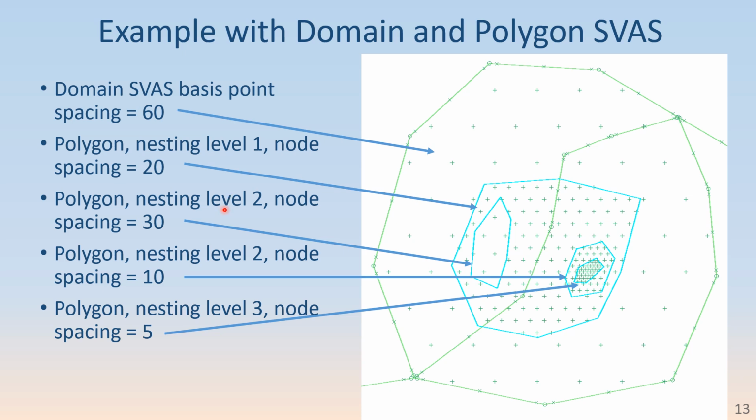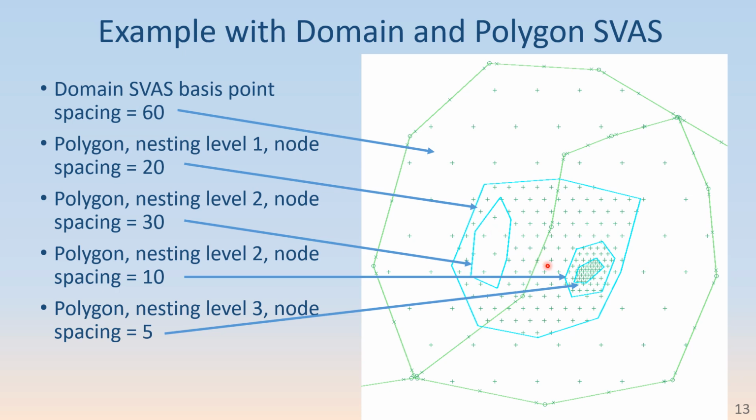Then we have a couple of polygon SVASs at nesting level 2. This one right here is inside the one that is nesting level 1, and it sets the spacing to 30, which is coarser than what's outside of it. That's perfectly okay to do, and sometimes I use that, say, in the middle of a pond or something where the vertical leakage isn't going to be changing as rapidly as out near the shorelines, for example.